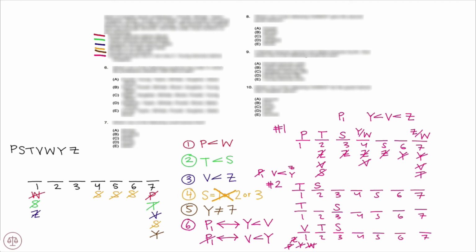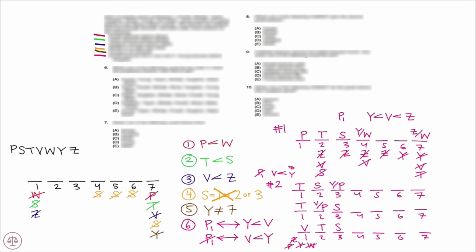So we know it can't be Y because V is before Z and Y, and it can't be W because P is before W. So that means we have either V or P. And likewise, we're in the same scenario for the third professor in this first option, V or P. So those are the only things we can fill out in the second option where P is not first.